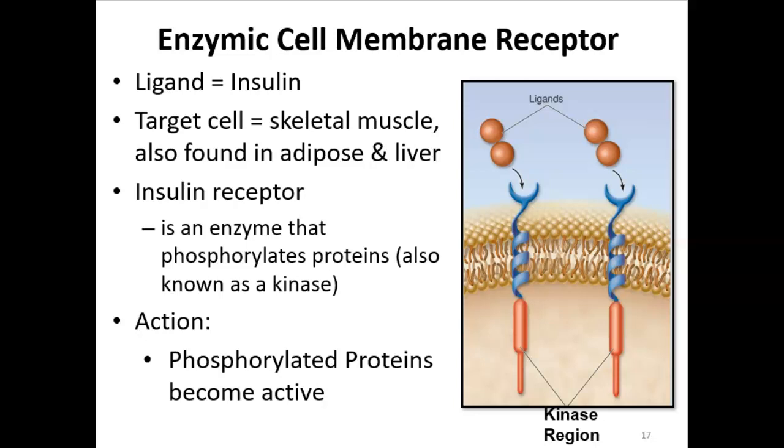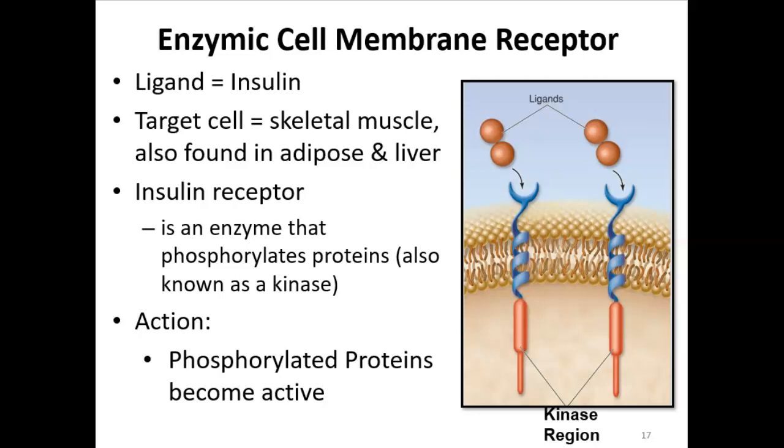Insulin is a protein made by the pancreas that, of course, lowers our blood glucose after we eat. And it travels through the bloodstream to reach its target cells, and it has many target cells. We'll focus on skeletal muscle, but it also acts on fat cells, adipose, and liver.